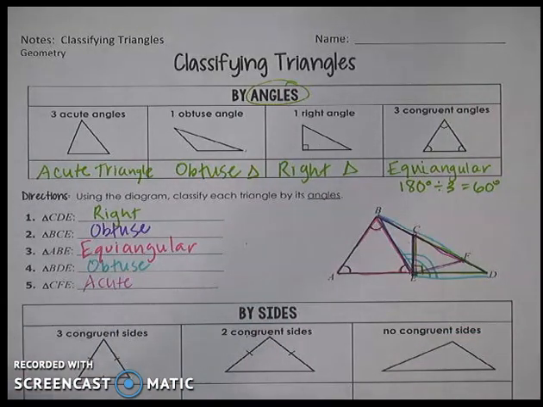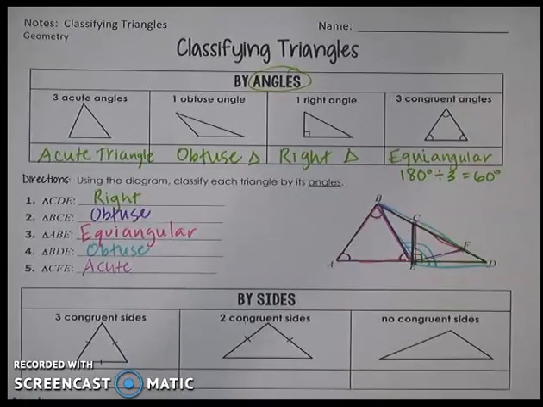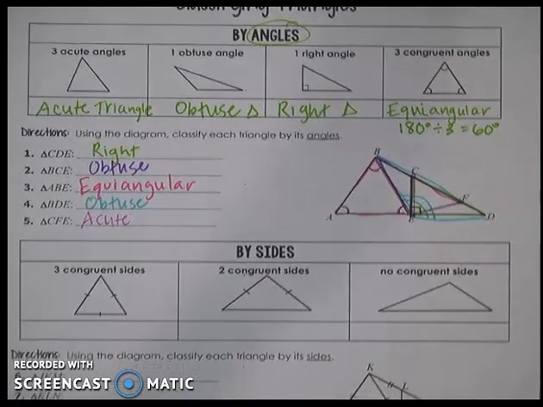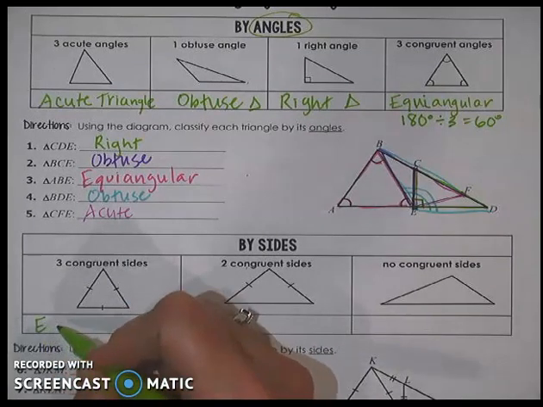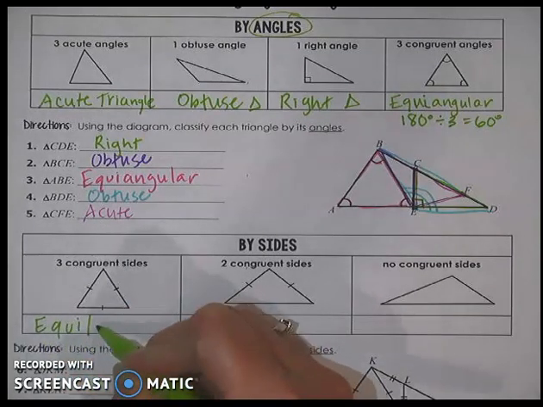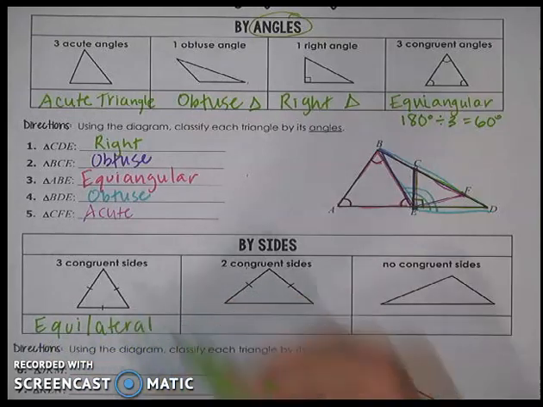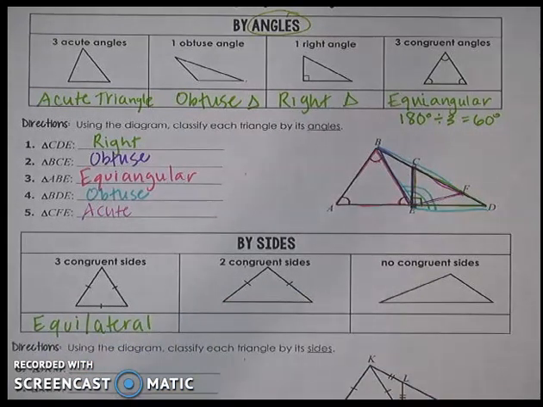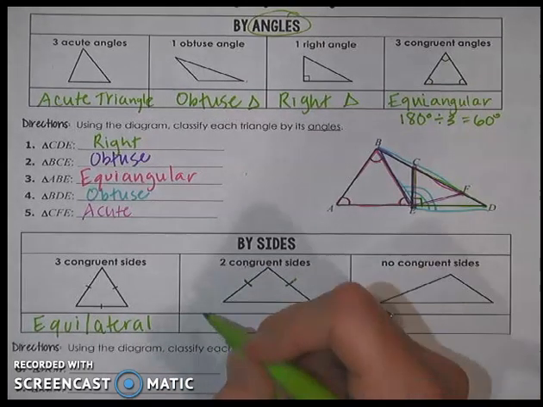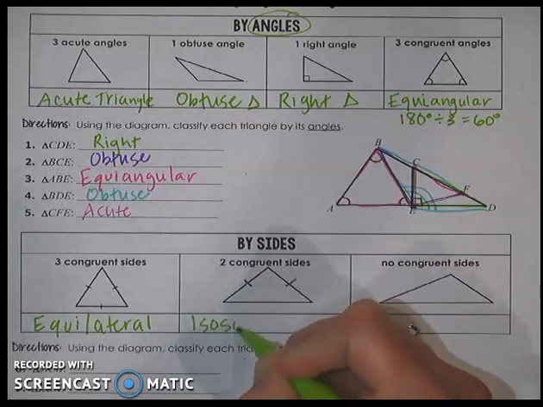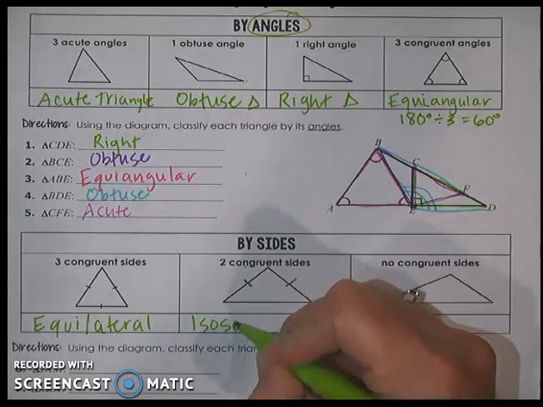The next thing that we're going to categorize triangles by are their sides. If there are 3 congruent sides, we call that equilateral. If we have 2 sides that are marked congruent, we call that isosceles. Oh, I just spelled that wrong.